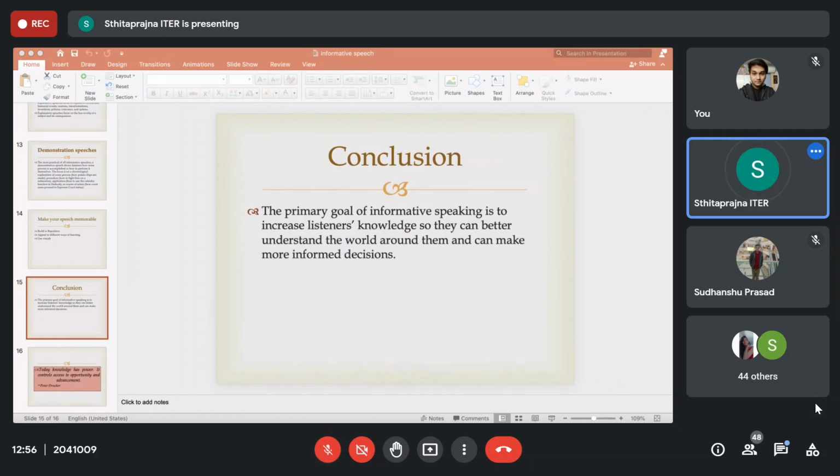Power comes through something, isn't it? We used to believe that wealth brings power, but now it's knowledge. The country or the administration or the person who has more knowledge, more information, is more powerful.